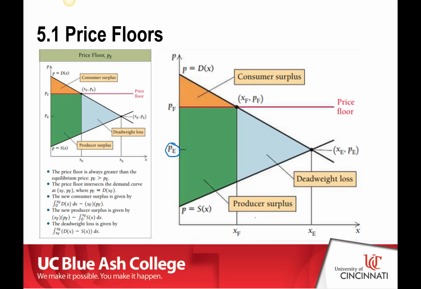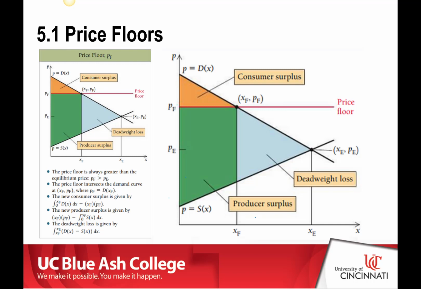But what the floor is going to do is it's going to raise the price to some artificially high amount, and in raising the price, the objective is to benefit the producer. The reason the government is trying to benefit the producer with regards to milk is they're trying to make sure that the dairies stay in business. If the price drops too low, they can't afford to produce it, and dairy farmers go out of business.